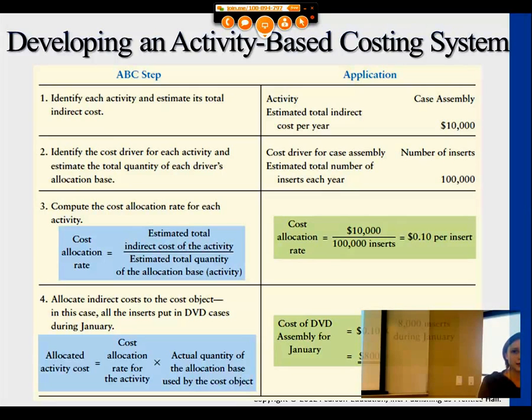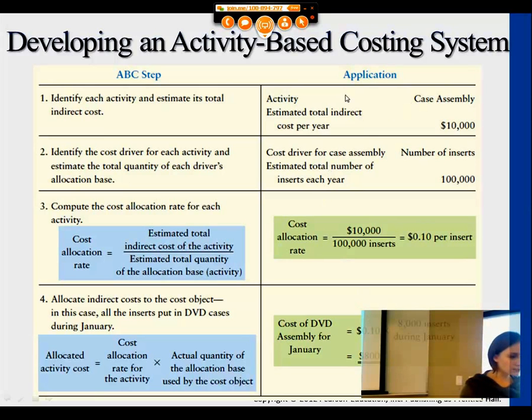I'm going to take the cost allocation rate that I just found and multiply it by the actual quantity of allocation base used by the cost object. Sounds crazy, but it's not. Let's try to understand what it is. I know that my actual quantity in January was 8,000 units. So I'm going to take those 8,000 inserts and multiply them by the 10 cents per insert that I just found.